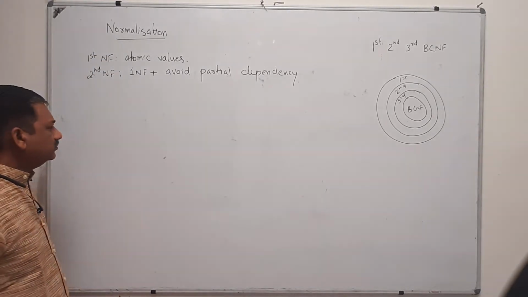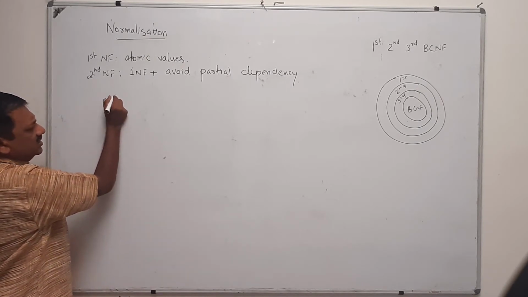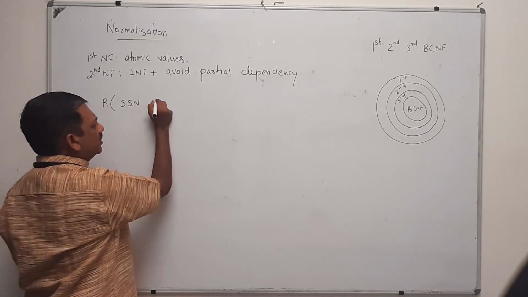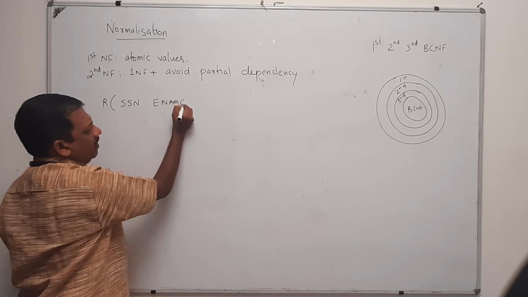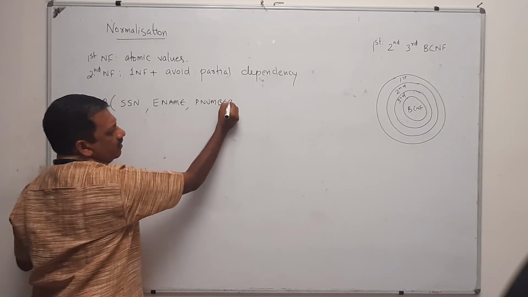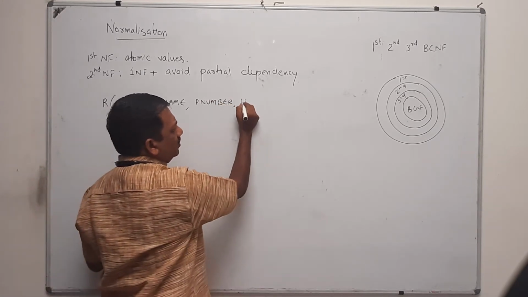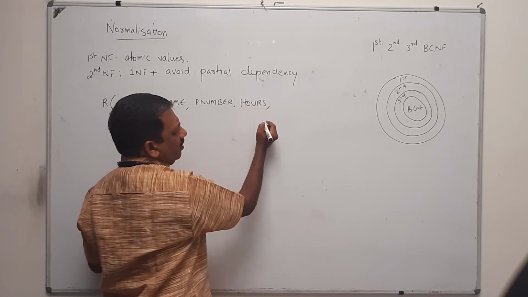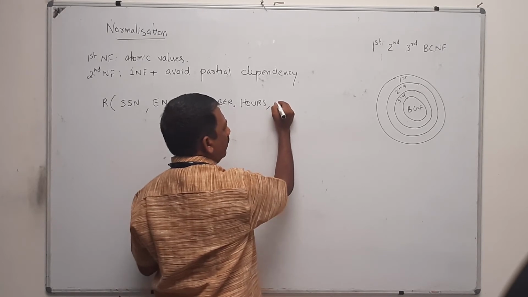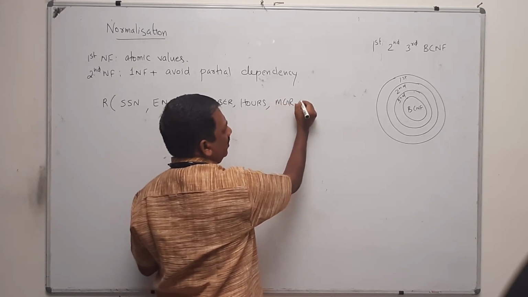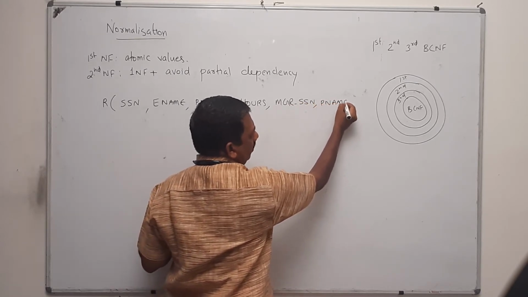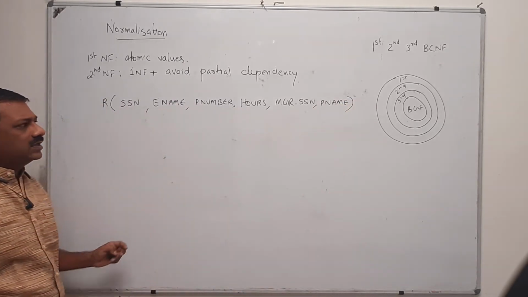For example, suppose that you have a relationship R with social security number, employee name, project number, hours, MGR SSN, and P name. Suppose that I am going to have a table like this.